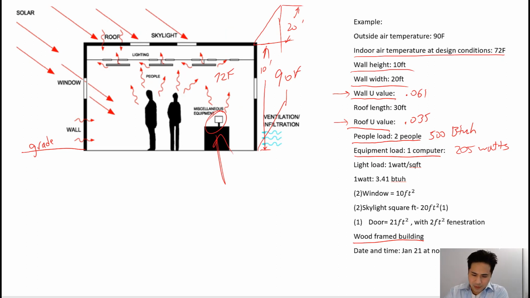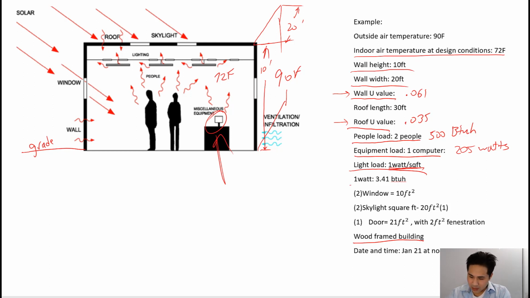Okay, now we have some lighting in the space, and the general energy code says that the maximum is around 1 watt per square foot in a residential unit. So this is the value we'll use to calculate the wattage produced by the lights.